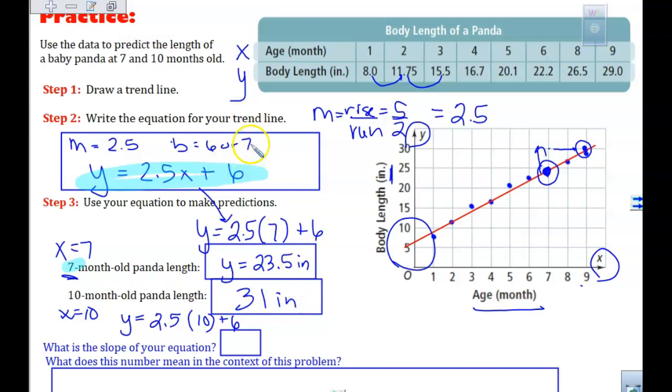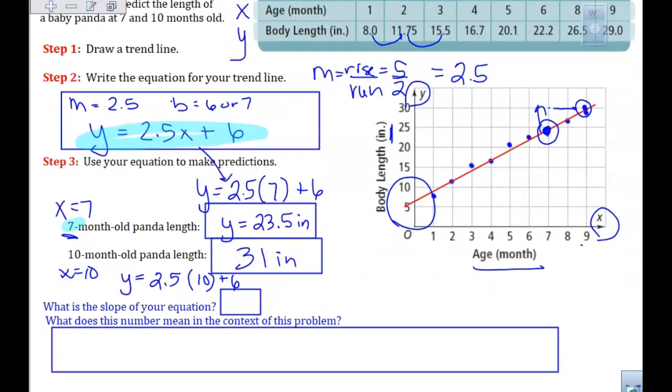If we would have put this as a 7, this would have been 24, this would have been 32. Am I concerned? Nope. In the last class when we drew our line, it came out to be 2.9 instead of 2.5. Your answer does not have to be exactly the same as the back because it's an estimate. You're drawing a trend line and your line might not be exactly the same as the next person.